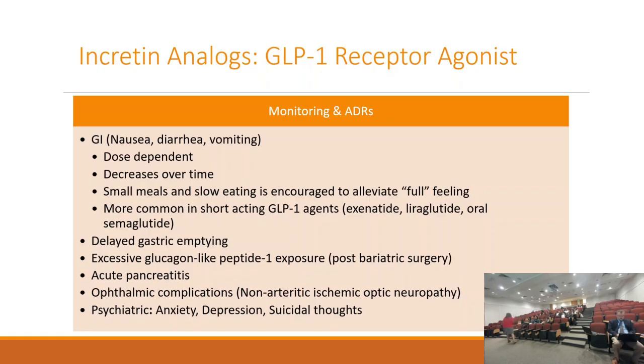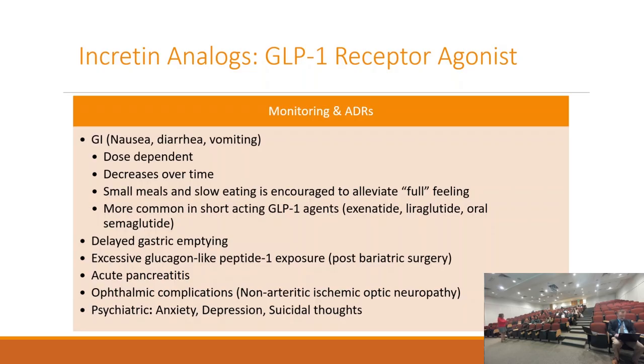Similar to metformin, starting at a low dose and increasing it slowly is one of the main things that we do to limit these side effects. So you'll notice with all the GLP-1s, the oral and the injectable, you'll start at the lowest dose, and then you'll titrate them.